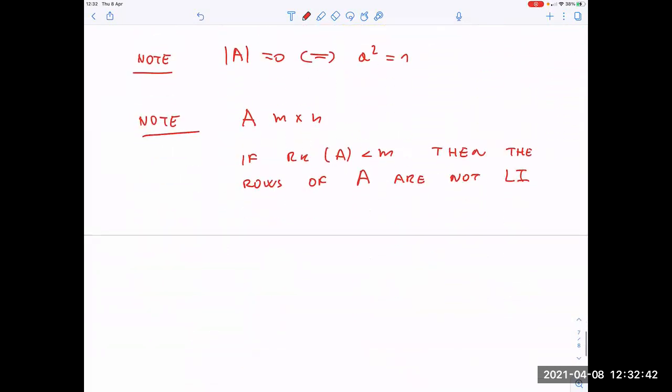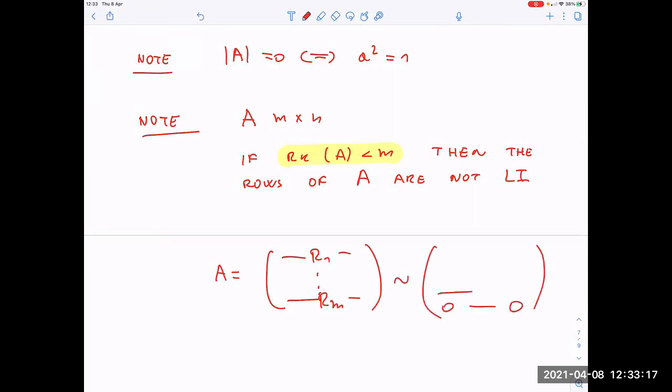And now let's speak about some applications of the Rouché-Capelli theorem. Yes, the last note, Erfan Far, basically says this. If the rank is less than M, it means that my original matrix A, which has M rows, is row equivalent to a matrix having at least a 0 row.